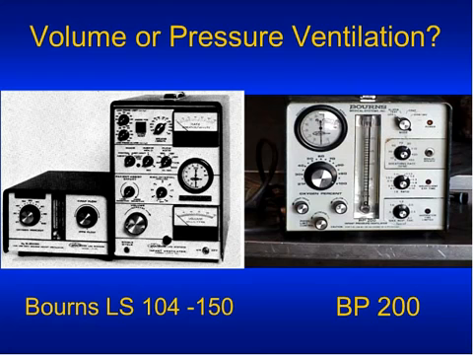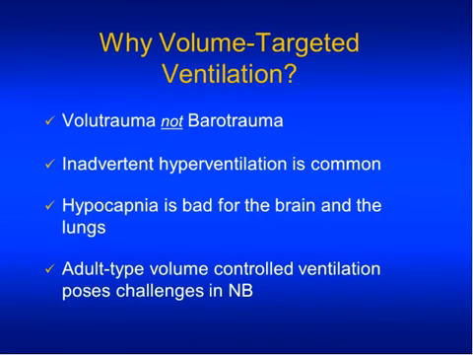The BP200 was a very simple pressure-limited device, and that is, in fact, what has become standard of care: pressure-limited, pressure-controlled ventilation, for many years in the neonatal intensive care unit for a variety of reasons, including the ease with which it could be applied and the conviction that pressure is the primary cause of lung injury. And we'll try to convince you that that's in fact not the case. I will try to convince you, and I'll show you some evidence for that, that it's excessively large tidal volume, not pressure by itself, that results in lung injury.